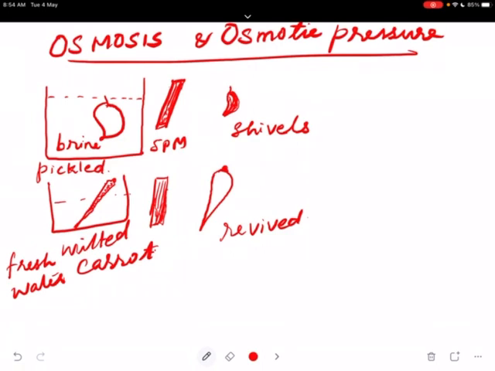Raw mangoes shrivel when pickled in brine. Wilted carrot or wilted flower becomes revived when placed in fresh water. Blood cells collapse when kept in saline water.